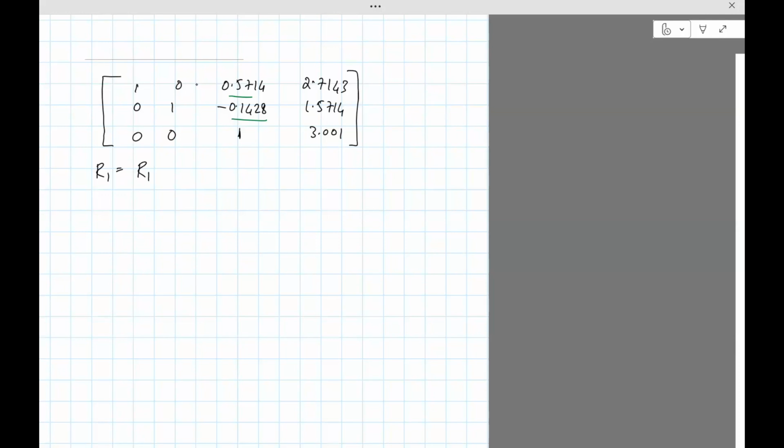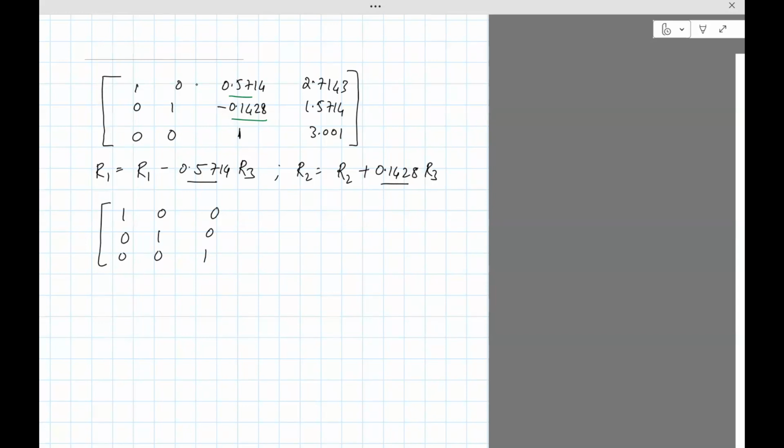Row 1 is row 1 minus 0.5714 row 3, and then row 2 is row 2, so you need to do plus 0.1428 row 3. If you do that, you'll see that the first 2 columns are unaffected. This will be 0 just by design, and this will be 0 by design.